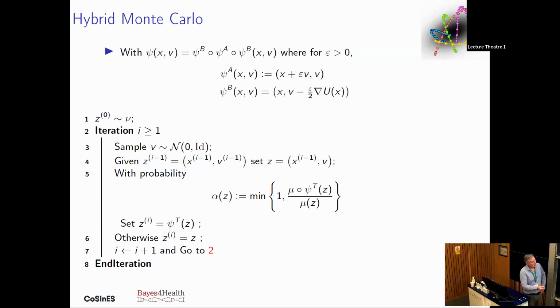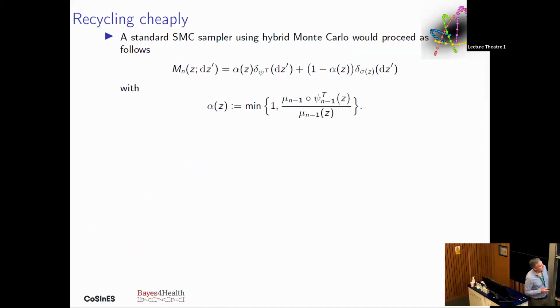You compute this acceptance ratio, and you see that what we are using is the endpoint of the trajectory of the Hamiltonian integrator over a horizon of t, and then we accept or reject using the standard rule. Of course, when you compute psi t, you compute psi 1, psi 2, up to psi t. Here you see that we are not using those values. That's one hint at what's to come.